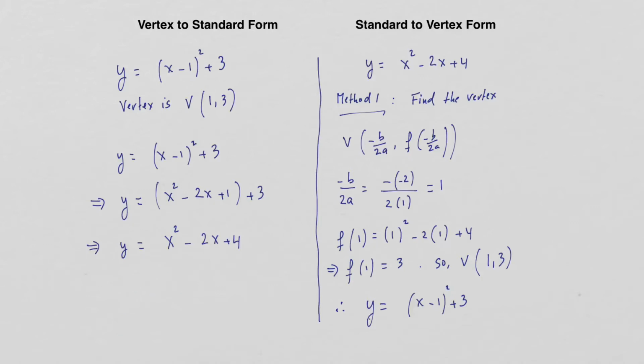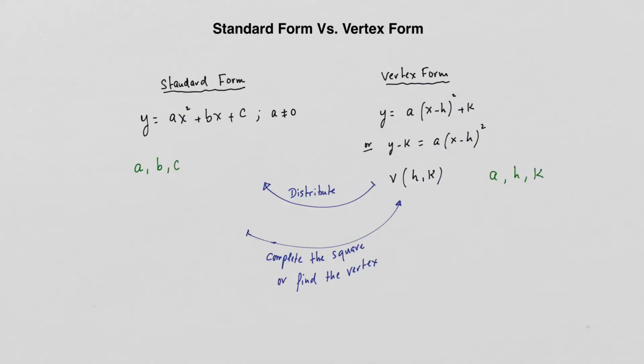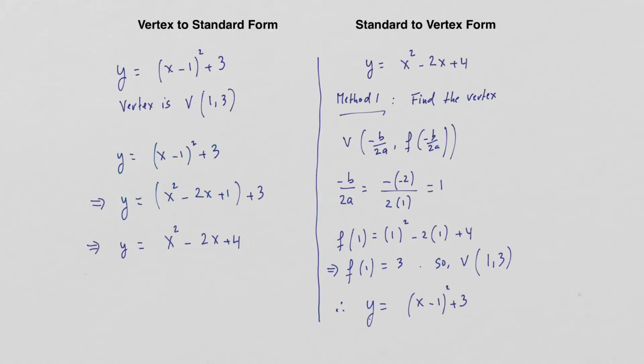Well, since you know that the vertex form has h, k, and a, if you know these 3 numbers, you could just plug them in, right? Well, we already know a. A is 1. So we know we're going to have 1. I'm trying to get to here.